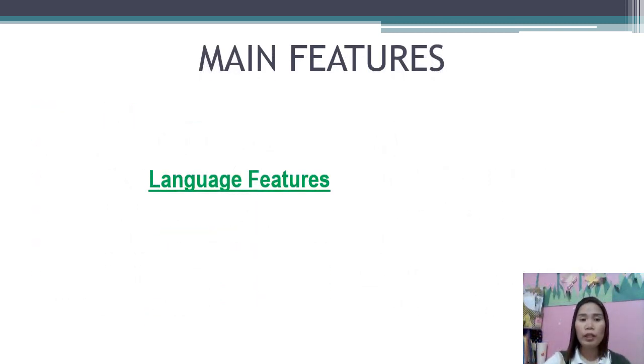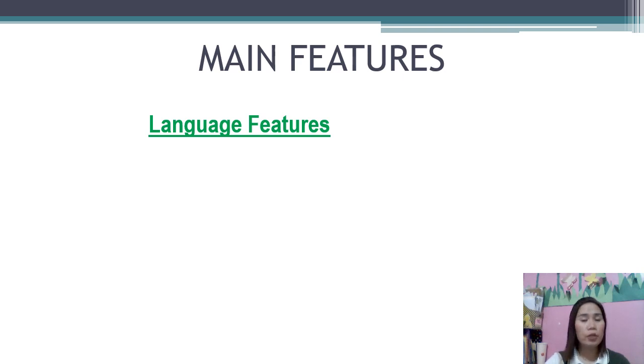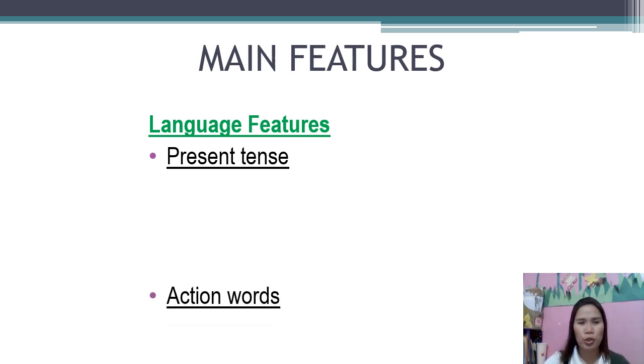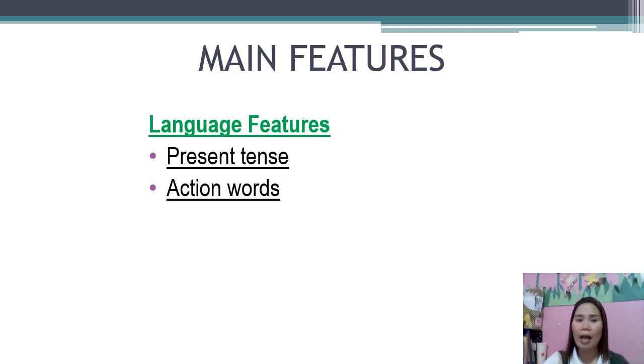Next, we have the language features of persuasive text. So first, we have to use present tense in a persuasive text because it is a current situation. Next, the use of action words. So these are the words which show what is happening. Next, the use of rhetorical questions.